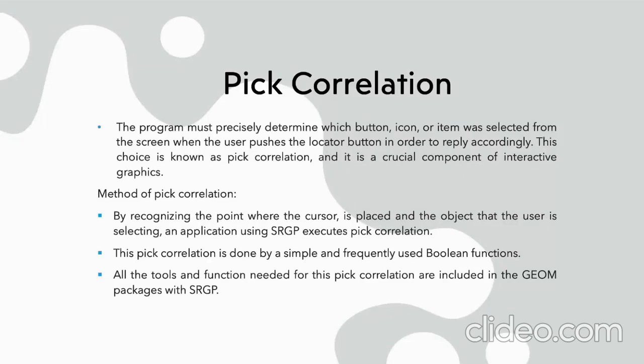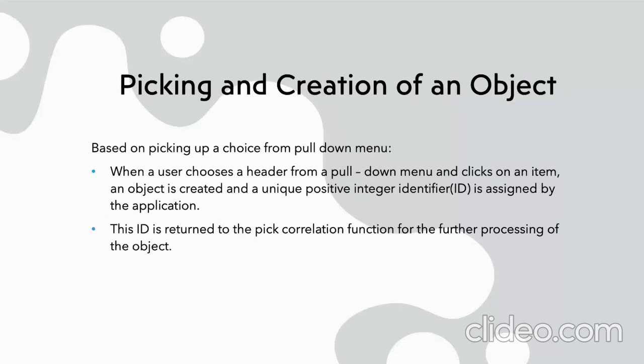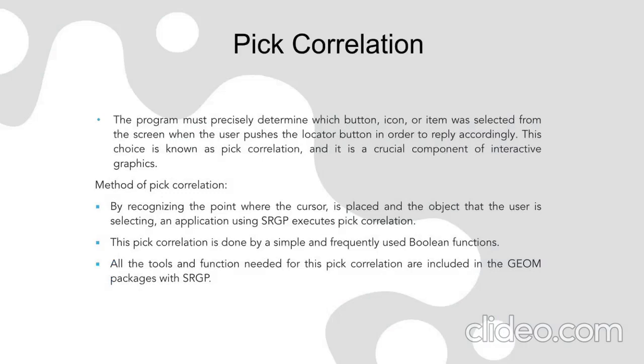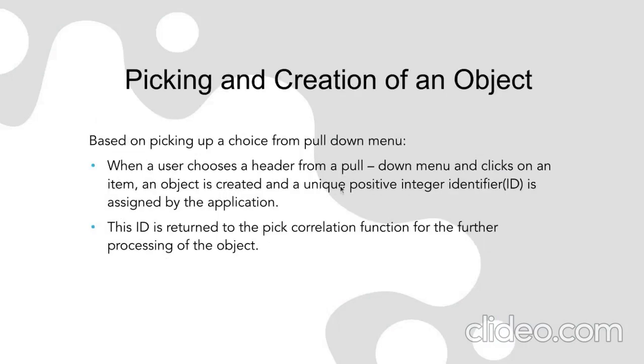Here SRGP is the Simple Raster Graphics Package, and the whole methodology is explained in detail by my next teammate Chandrahas. Pick correlation is a process that determines where the cursor or the user has selected.